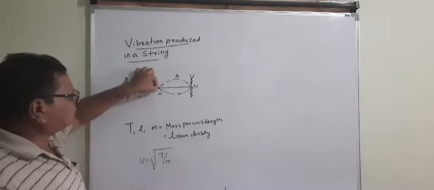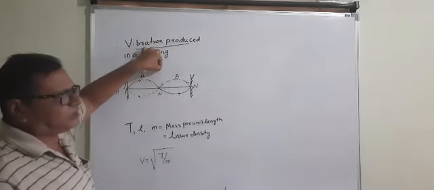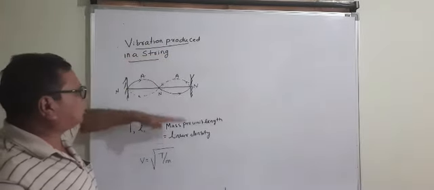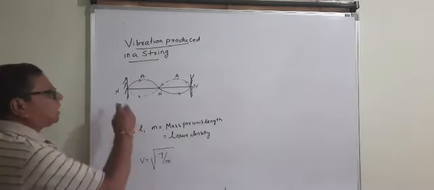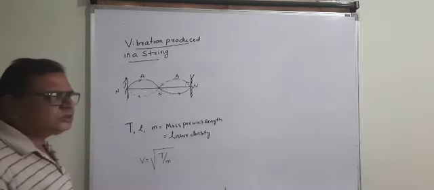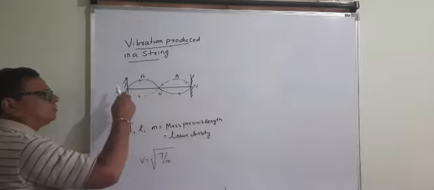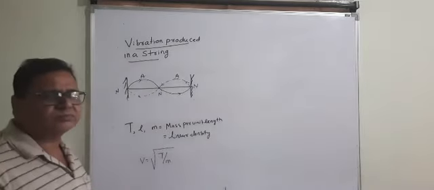If the string is plucked at its center and released, the string starts to vibrate. Due to vibration, transverse waves are set up. These transverse waves reflect from the end points with a change in phase.